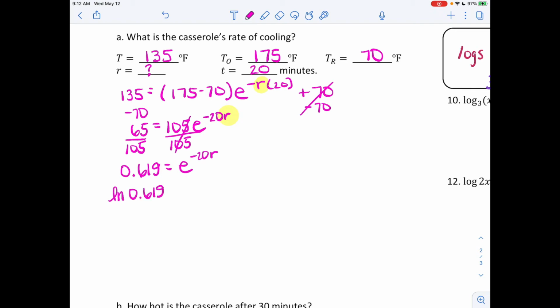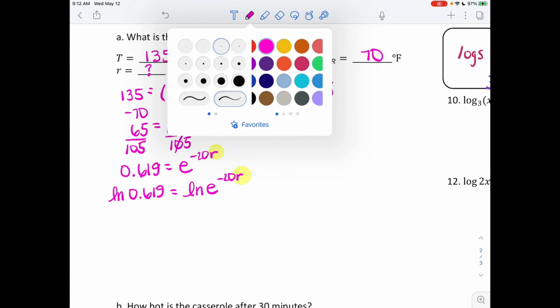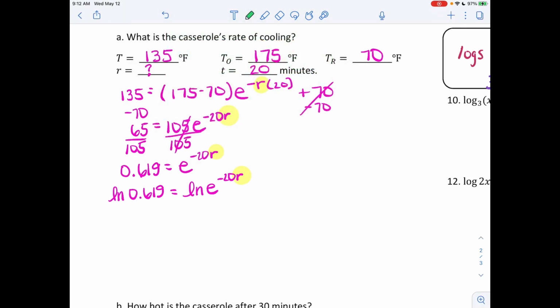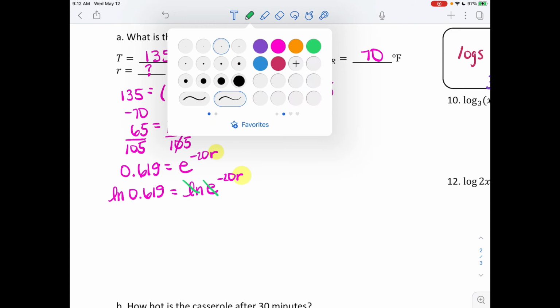So I'm going to say natural log of 0.619 is equal to natural log of e raised to the negative 20r power. And again, we are still trying to find r. However, now natural log and natural base are going to cancel and the exponent falls out.